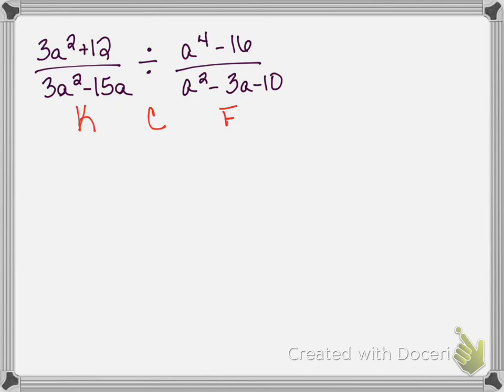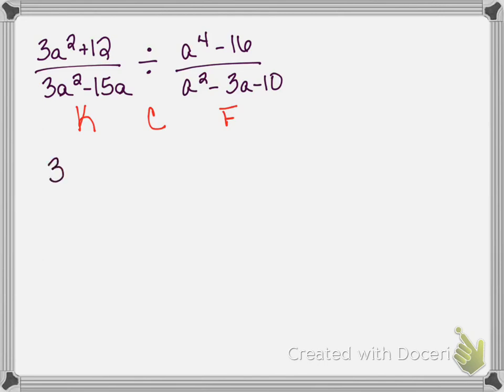What I am doing, the mathematical term for this, is I am multiplying by its inverse. That's what division is. I multiply by its inverse. The KCF allows you to remember it a little bit easier. Okay? You need to take the time and rewrite this. Do not try to do these things in your head. Take the time to rewrite them.